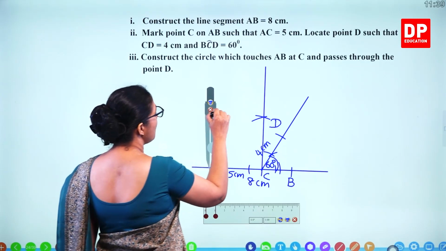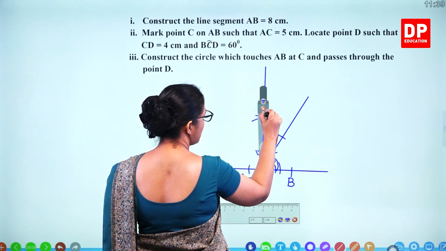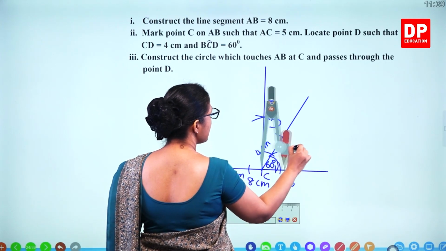So we can find the center easily. So we'll draw the perpendicular bisector now.